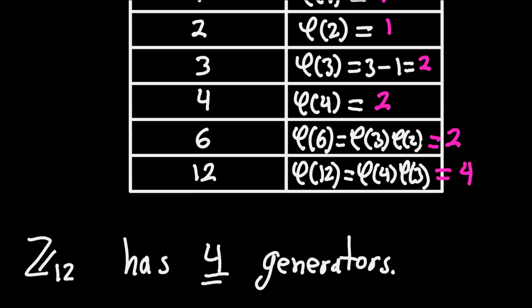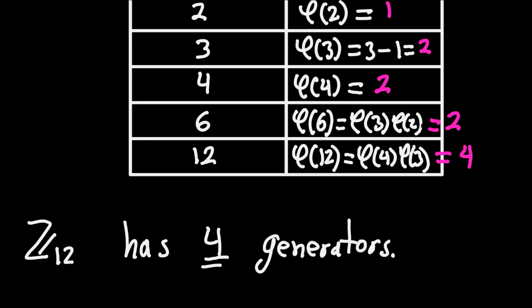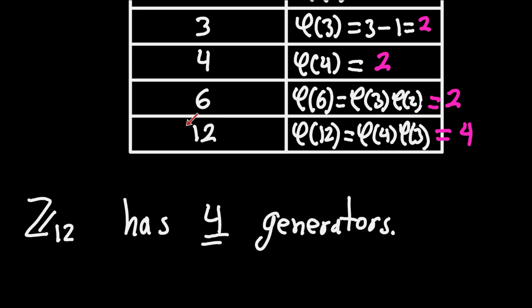One thing that I want to point out here is the last one. The elements of order 12 in Z12 will be actually the number of generators in Z12, because a generator will have order 12 in Z12. So the number of the generators of Z12 will be phi of 12, and we can compute that by making a decomposition of 12 as 4 times 3.